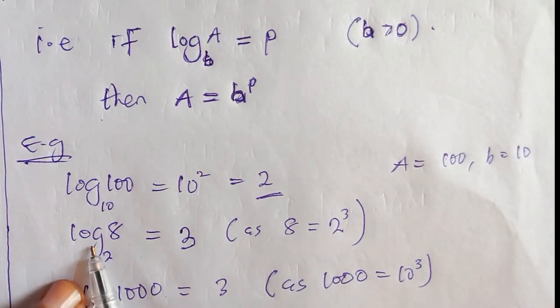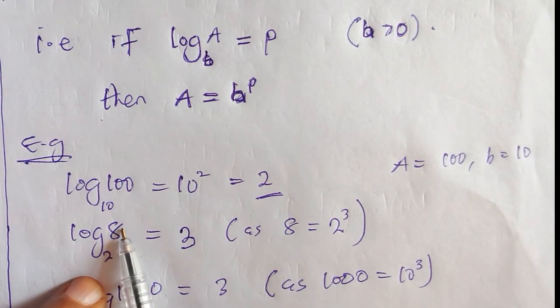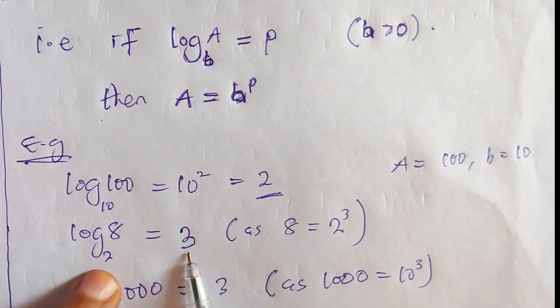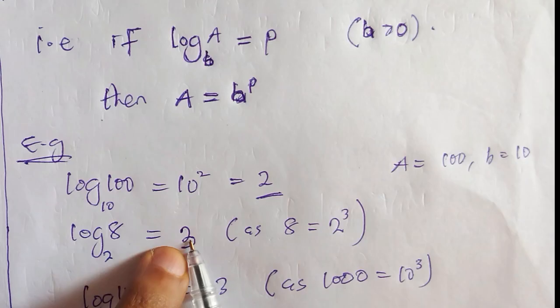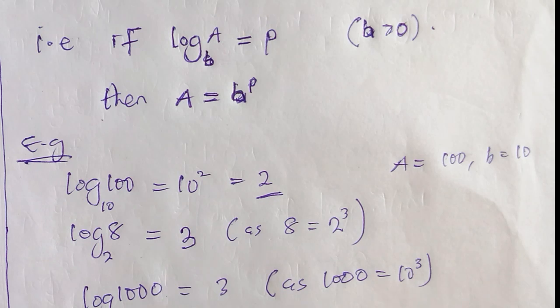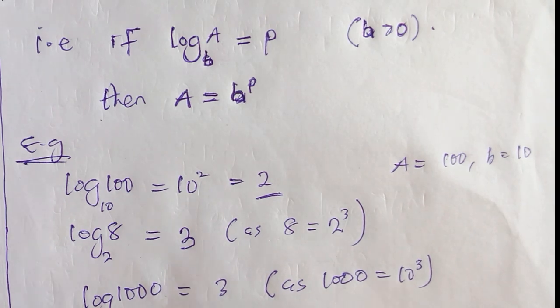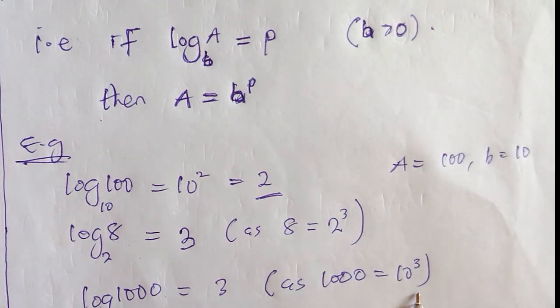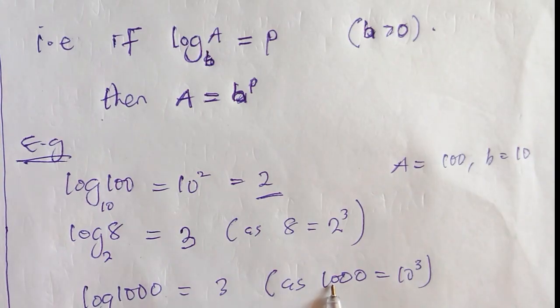The next one, the logarithm of 8 to the base 2 is equal to 3, because we must raise 2 to the number 3 before we can obtain 8. Also, the logarithm of 1000 to the base 10 is equal to 3, because we must raise 10 to the power of 3 before we can obtain 1000.